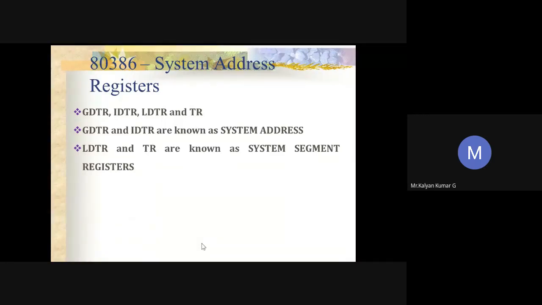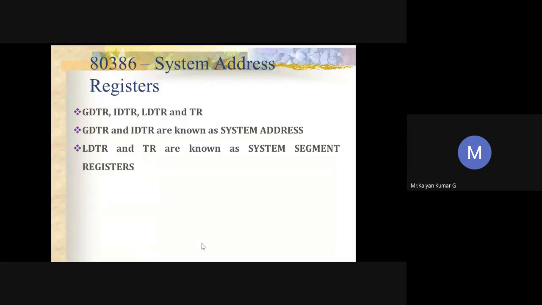As I said previously, remember that the system address and segment registers are used to hold the address of these descriptor tables, GDT, IDT, LDT, and TSS, and their respective segments. The registers used to hold these addresses are correspondingly called GDTR, IDTR, LDTR, and TR.